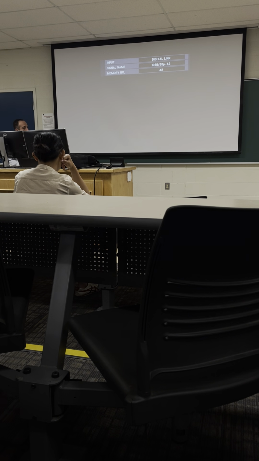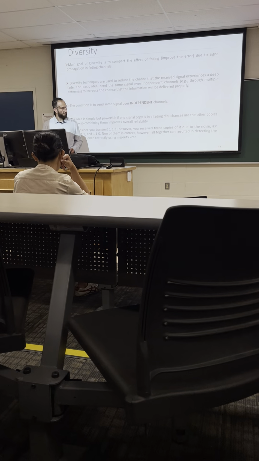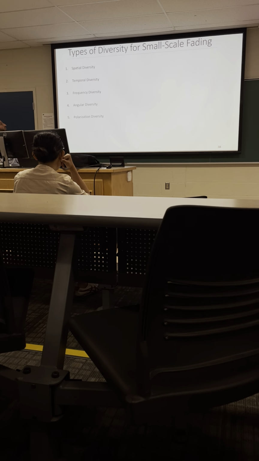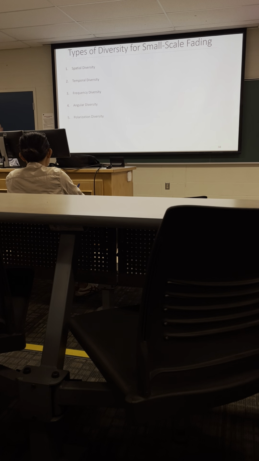So let's continue. Okay, so we have 5 types of diversity here for small scale fading, which in some books they call micro diversity.